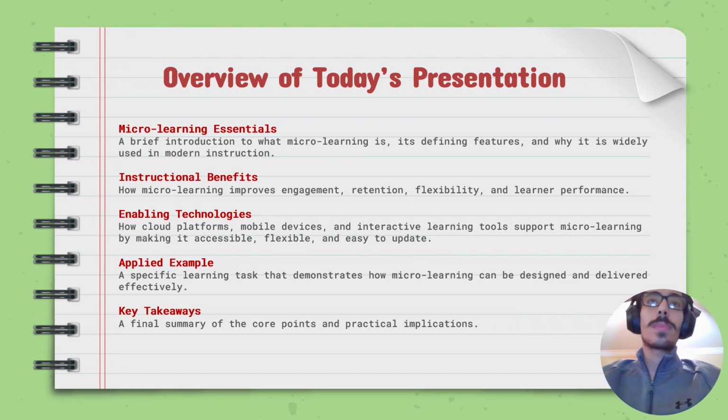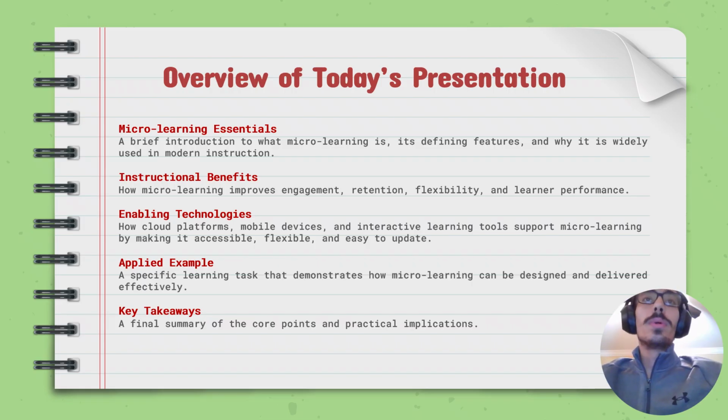Here's a quick overview of what I will be covering. I'll start with the essentials, what microlearning means, and the key features that define it. Then I'll discuss its instructional benefits, or in other words, why it has become such a popular approach in modern education.